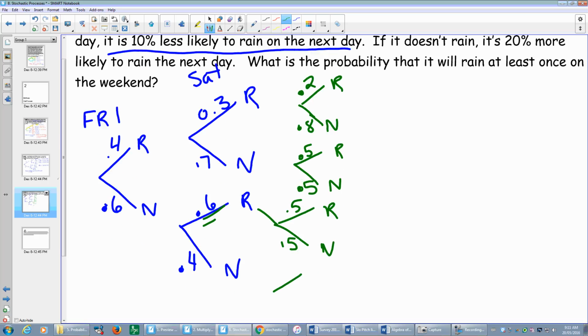My last case here. What would it be, Pat, if it didn't rain, and then all of a sudden it rains? Pardon? 0.8, 0.2. There's an 80% chance. It didn't rain, so there's a 60% chance on the Saturday.